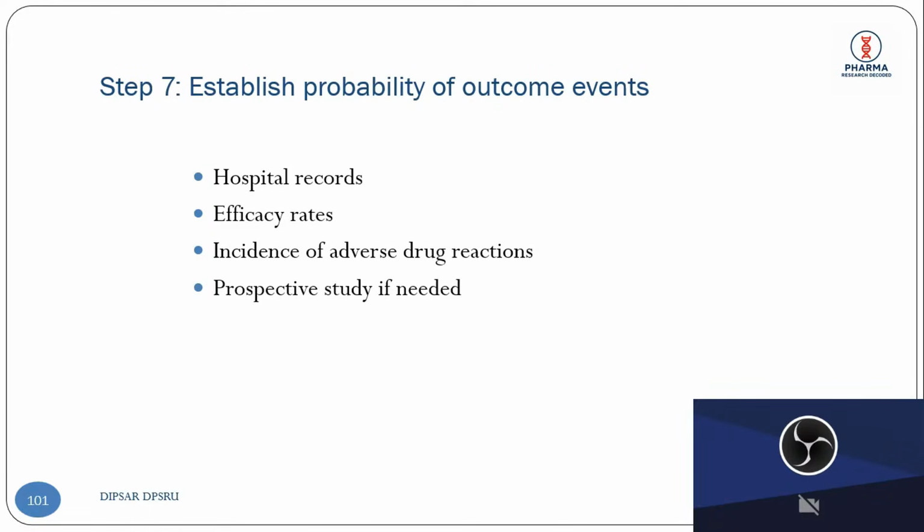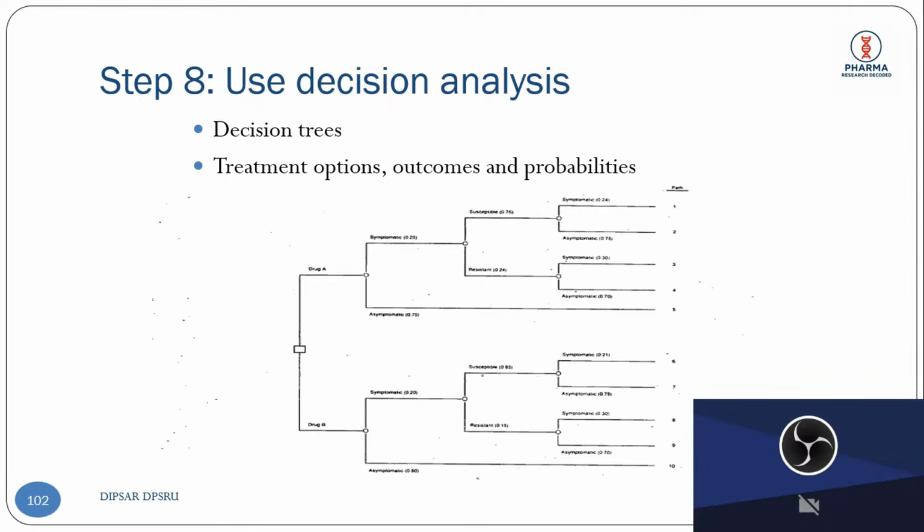Then you have to establish the probability of outcome events: what kind of data, from where you are going to calculate it, and how you are going to calculate it. Calculate it from the hospital record, efficacy rate, incidence of adverse reaction, and prospective studies if needed; that also has to be defined.